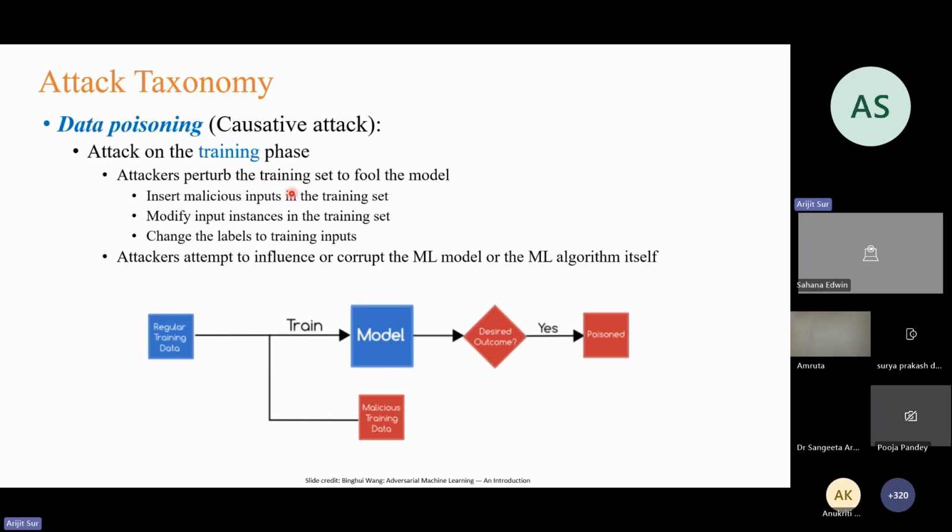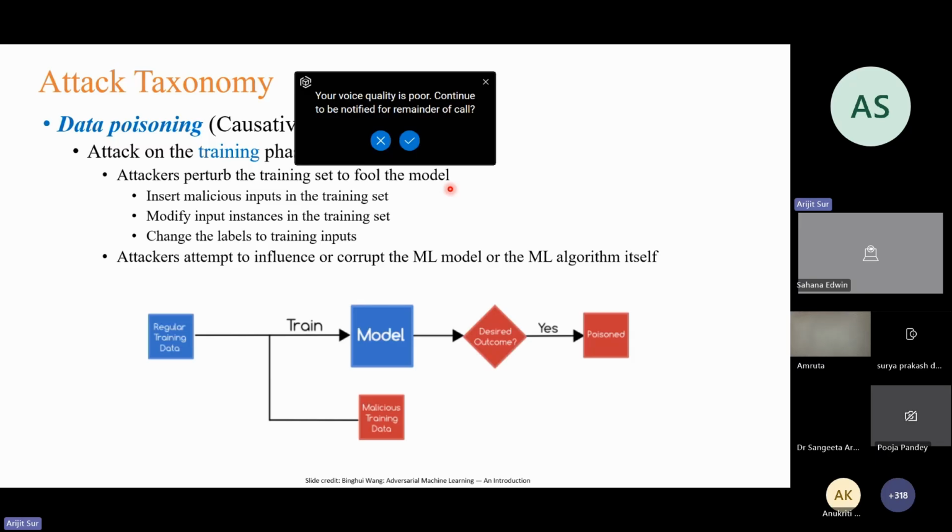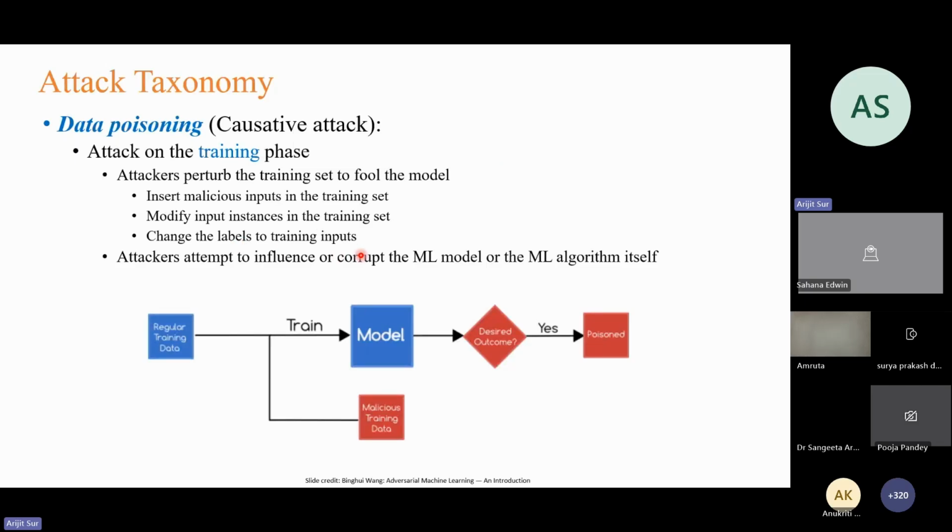The attacker gets part of the training set, so they inject the noise and train with these adversarial examples. They insert malicious inputs in the training set, modify the input instances in the training set, or change the labels of the training data. So this is the way they attack, but at the training time.